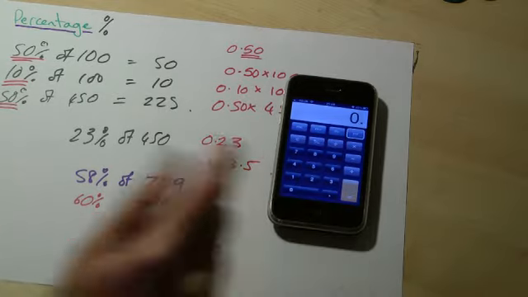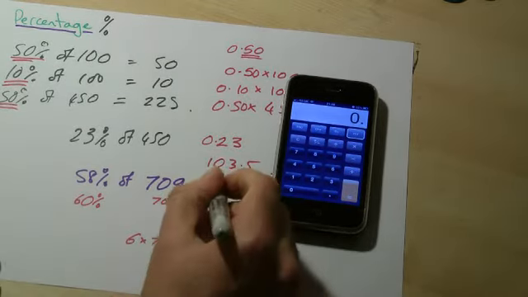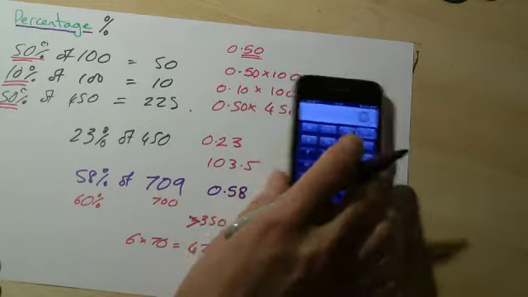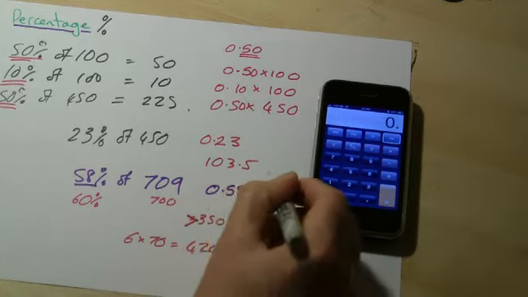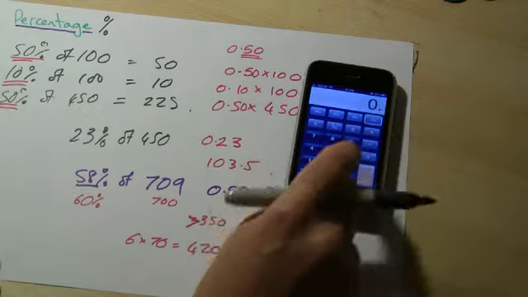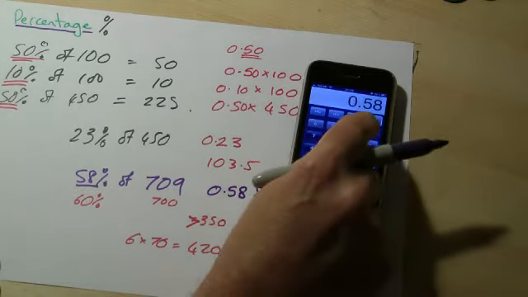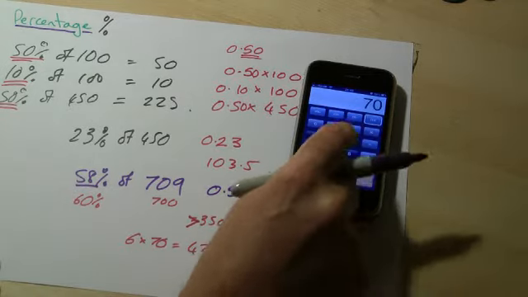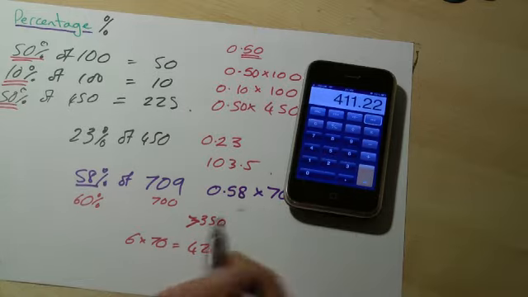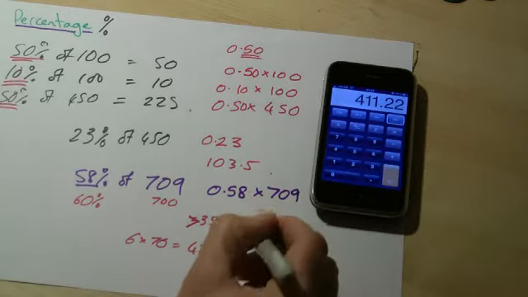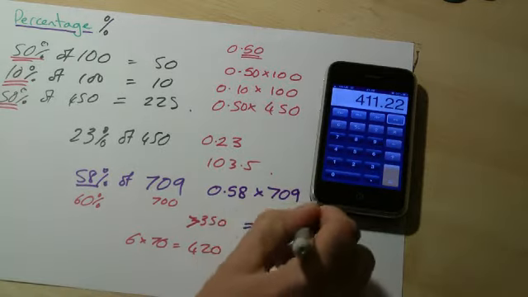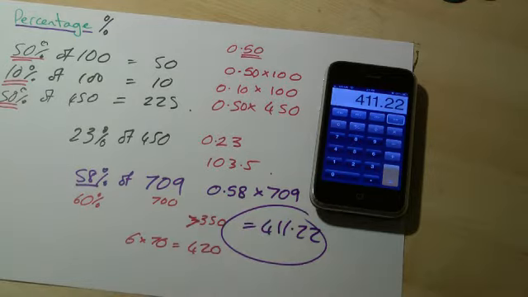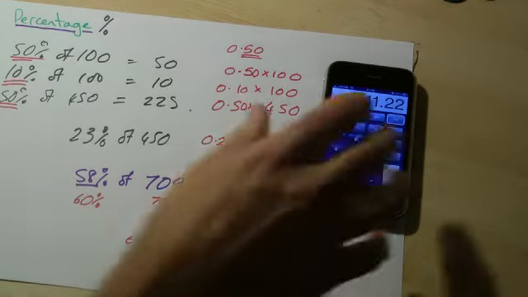So let's try it. I'll convert that to a decimal, 58% is 0.58, times 709. 411.22. So I can tell from that I'm in the right area by estimating it first of all.